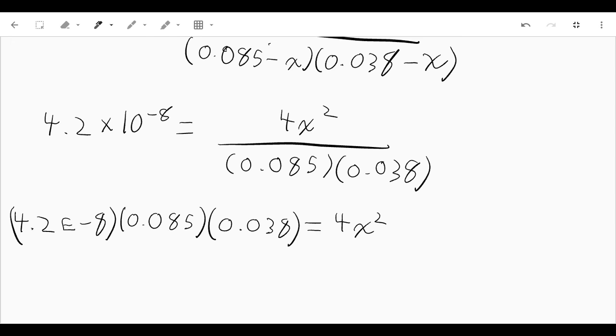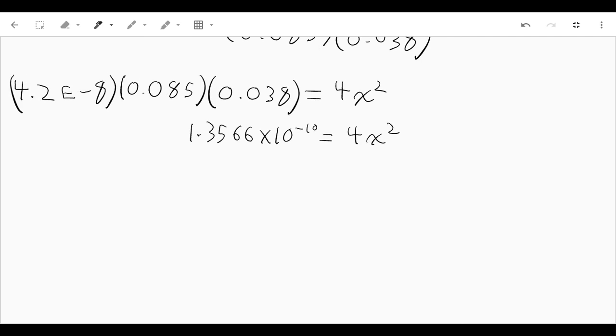That then will give us about 1.3566 times 10 to the negative 10 is equal to 4x squared. Of course, we can divide both sides by 4, so we're just left with x squared.